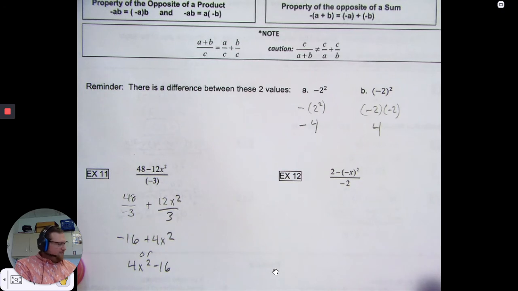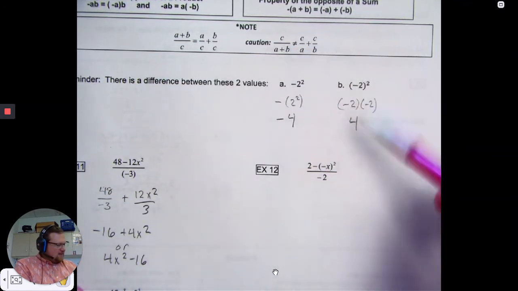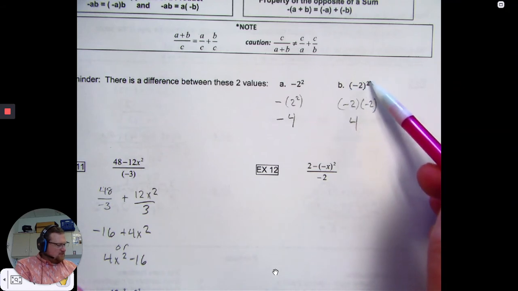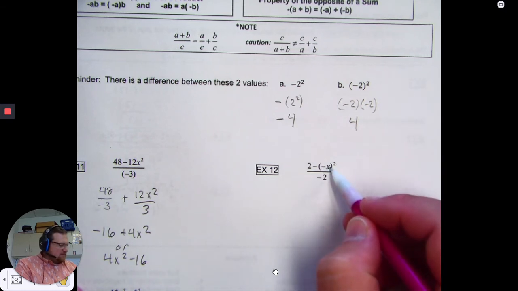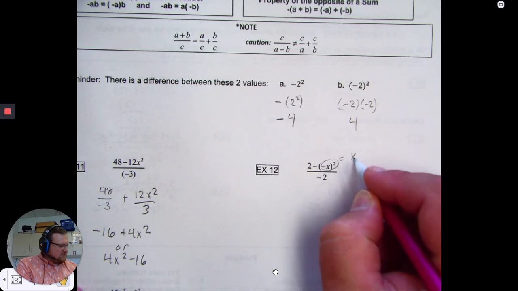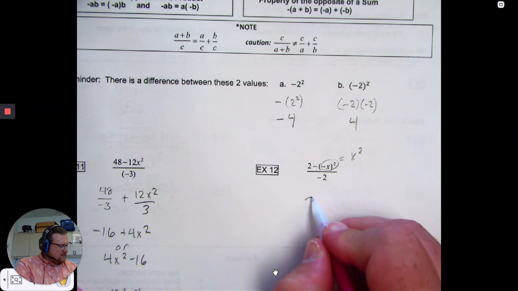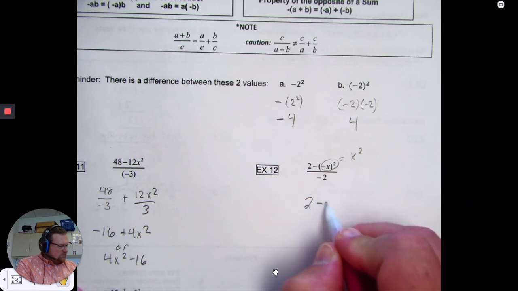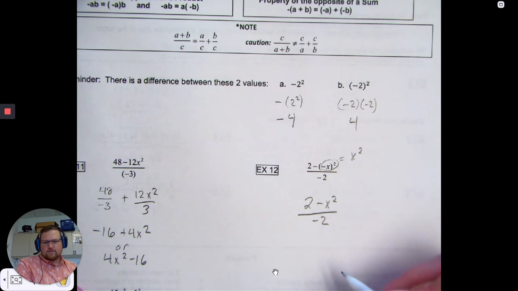Alrighty, so now up above, we talked about the fact that if you have a quantity of something squared, it's the same as having the positive. So this negative x squared, this quantity right here, really just equals x squared because you're taking that quantity and squaring it. So this is really 2 minus x squared over a negative 2.